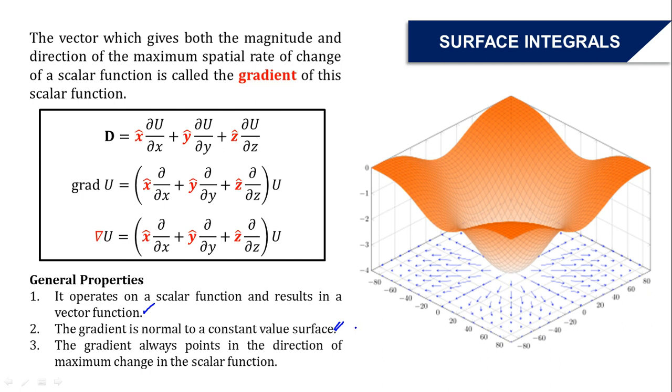Number 3, the gradient always points in the direction of the maximum change in the scalar function. For example, in terms of potential energy, yung gradient, it shows the direction ng increase in potential energy. So dun siya usually nagagamit para makita natin kung merong changes or increase in the potential energy.